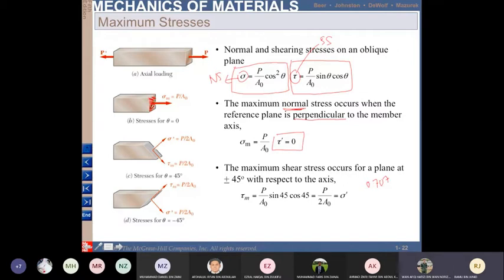Plane means surface, reference means reference. So the reference plane means this area. And the member axis is this.